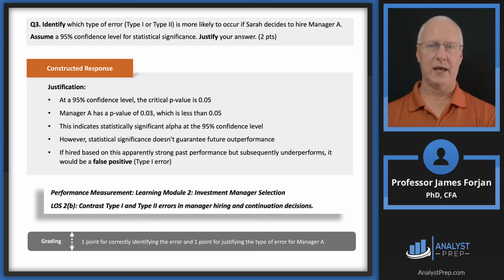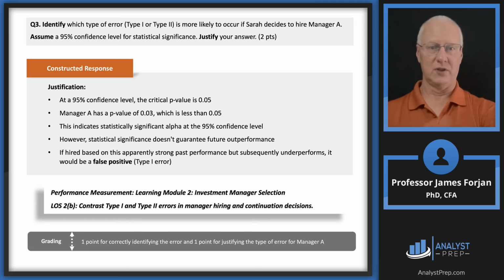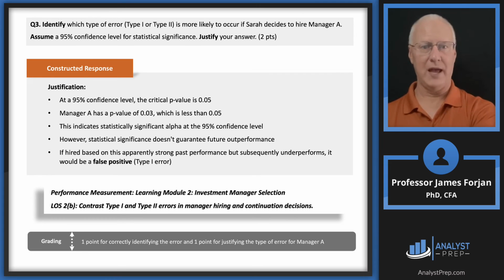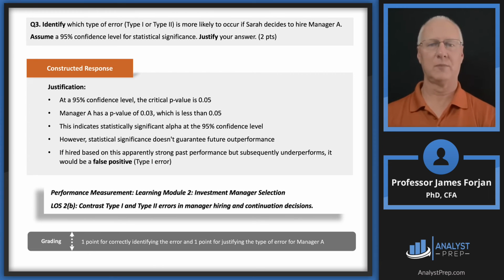So let's go ahead and identify the null hypothesis. What was the null hypothesis? That would be something like, hey, manager A is equal to manager B. So because of those p-values, we reject the null and we hire manager A, but manager A stinks, right? So there's subsequent underperformance. So this would be a type 1 error.